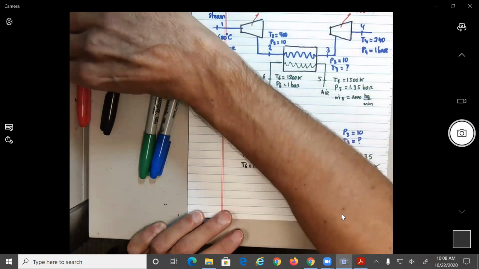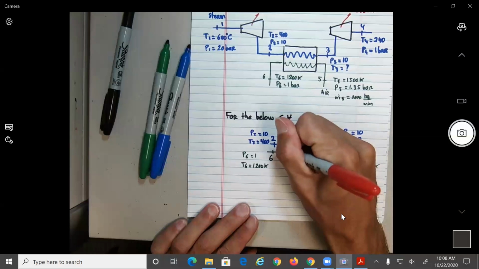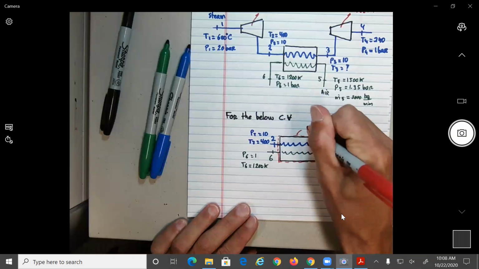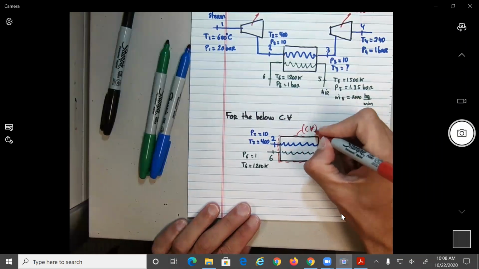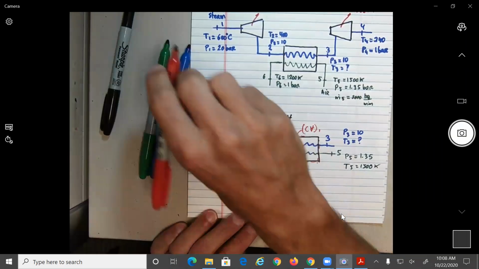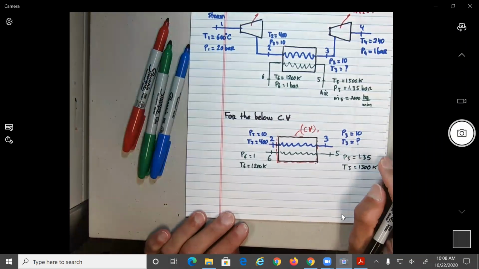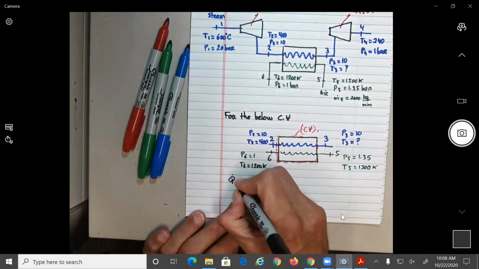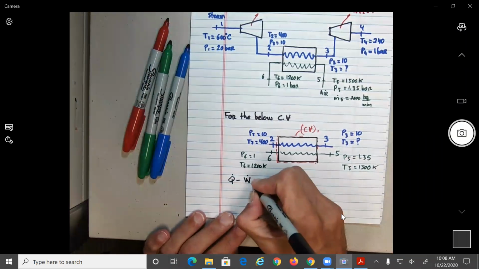Okay, so this is an important part on an exam or anything. I want to see what the control volume is. So for this control volume, control volume 1, we're going to apply again the first principle of thermodynamics equation. So what would we have over here? You have Q dot minus power plus what?